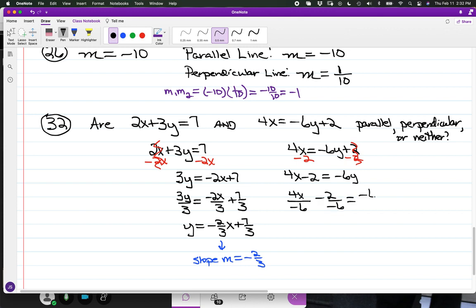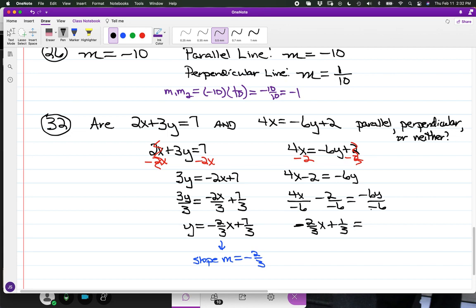With the first term, 4x over negative 6 is reducible to negative 2/3 of x, and negative 2 over negative 6 will be a plus 1/3.